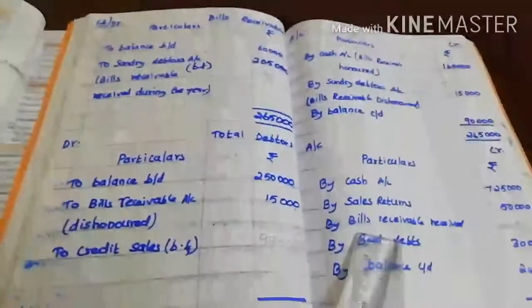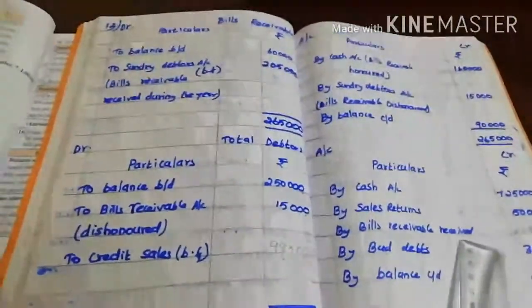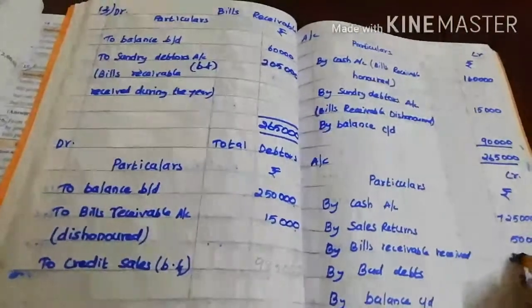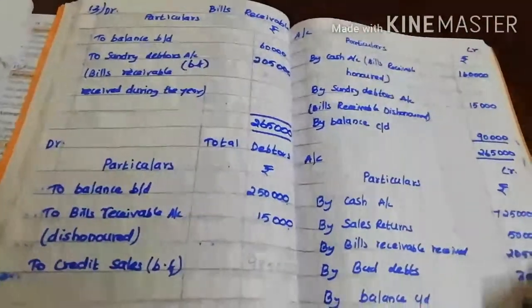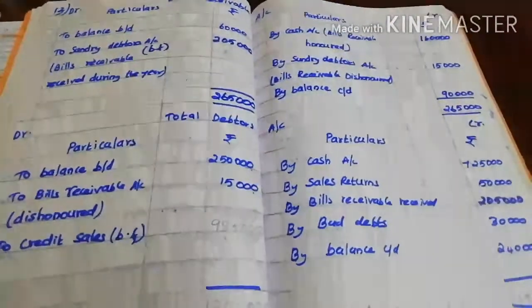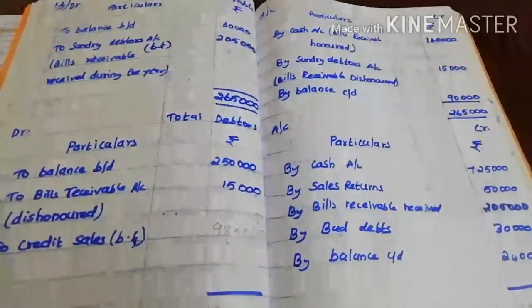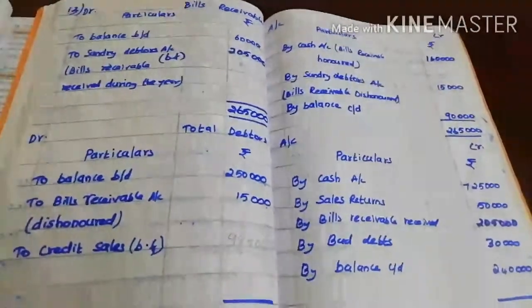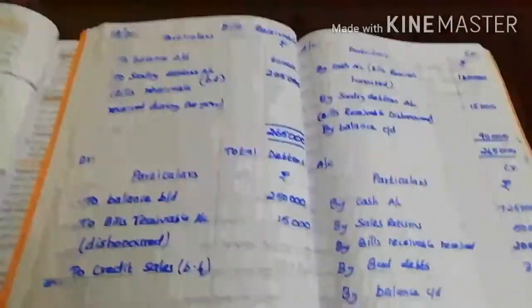We have written here by bills receivable received, so I am writing here 2,05,000. That information we have to take to the debtors account on the credit side.